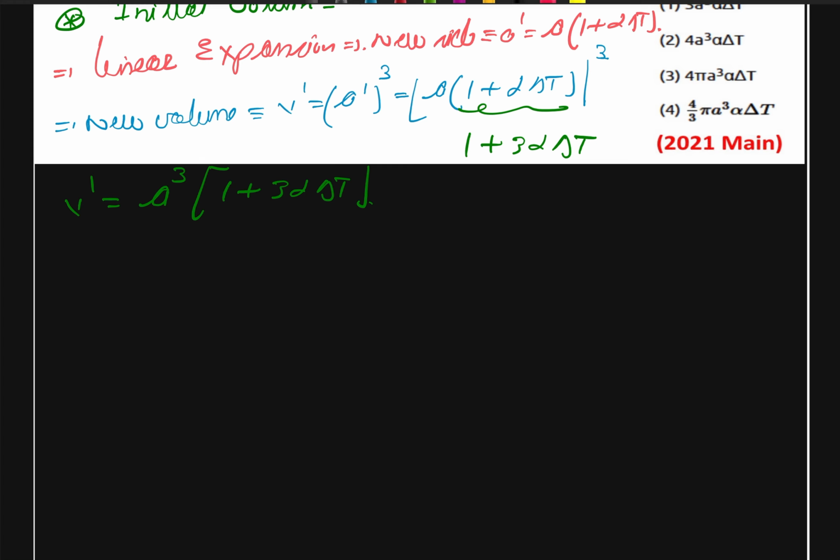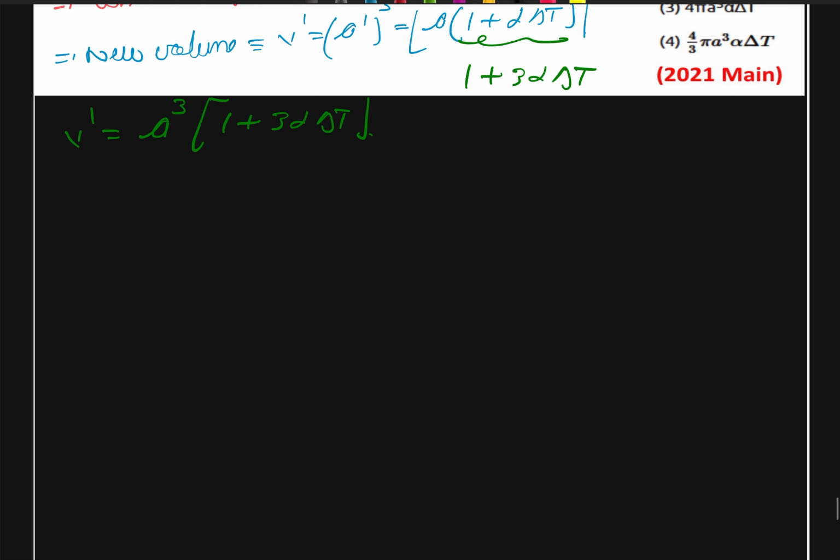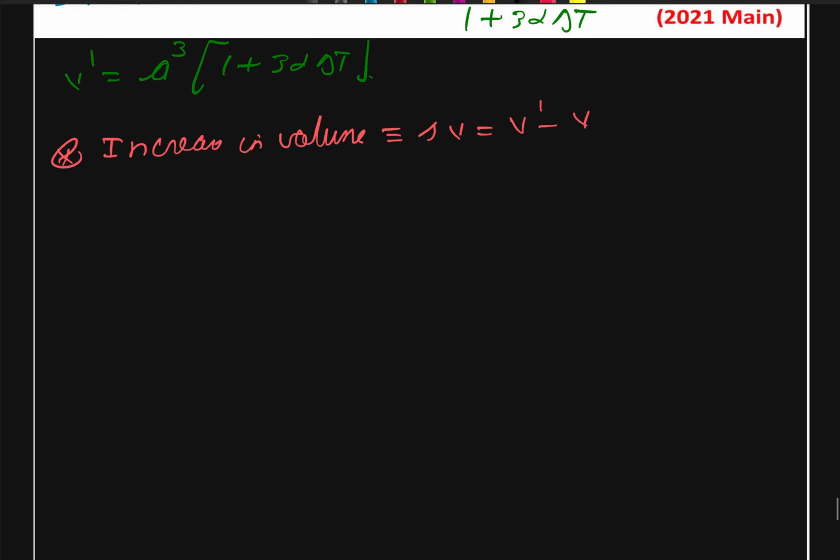And we have to find out the increase in volume, that is delta V. So increase in volume, delta V, will be equal to new volume minus original volume. We substitute the respective values: V prime is A cube times 1 plus 3 alpha delta T, and original is A cube.